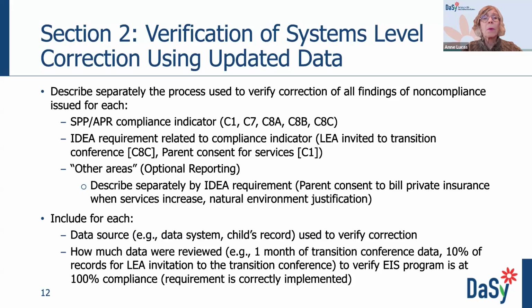So, for example, in C1, if you are looking at parent consent for the services to be provided, that might be one item for which you report how you verified correction, because your sources, the amount of information, and other types of information we're going to ask you to include may be different from what you look at and the amount of data you pull if you're looking at whether the services that were on the IFSP were actually provided. So we're asking you to look at them a little bit separately.